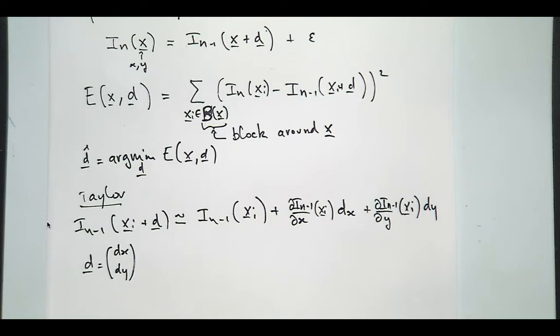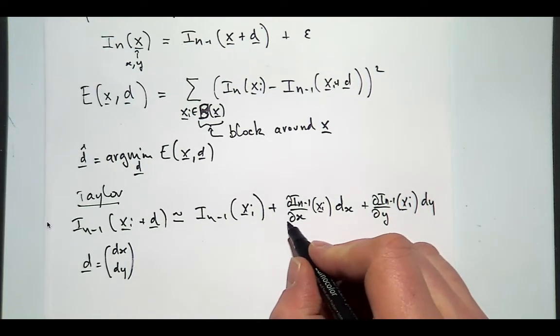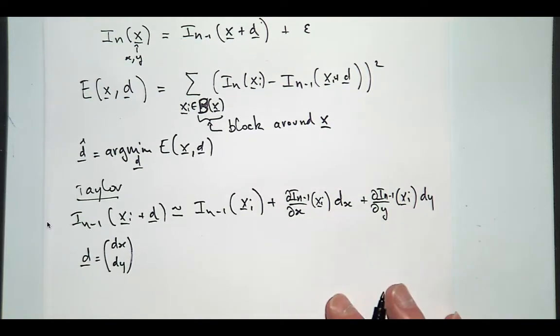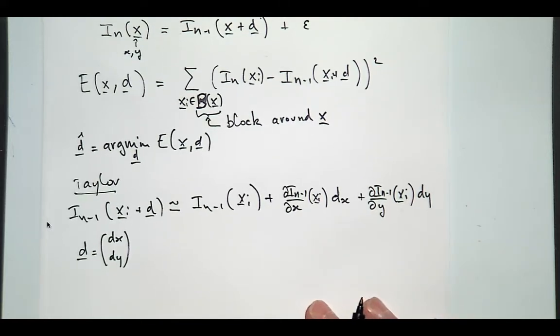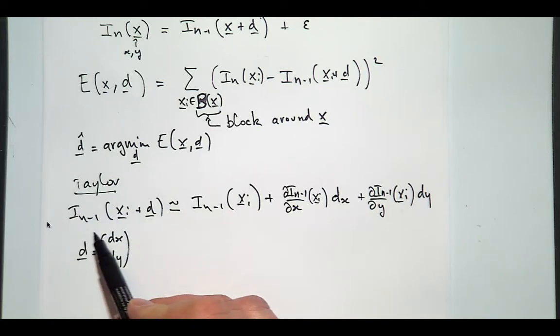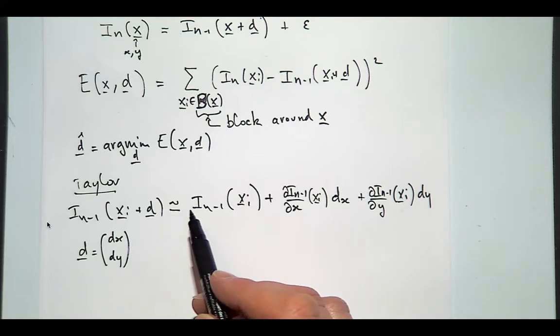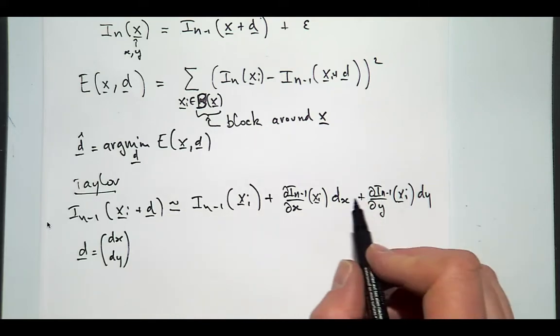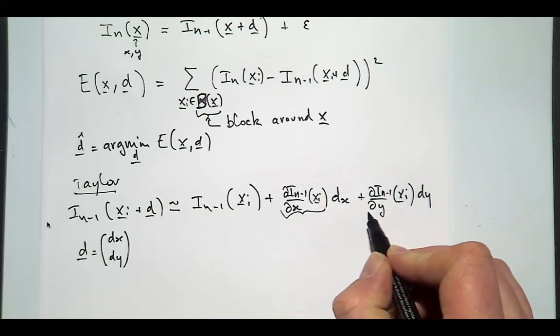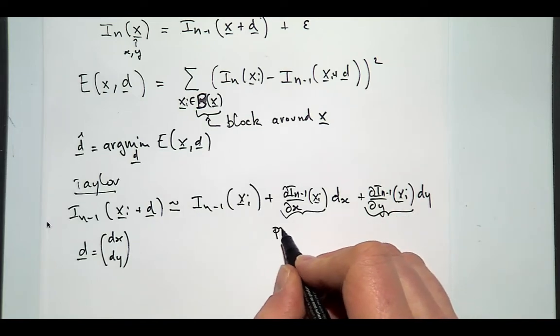So what is interesting with that is that this is linearization. You have a nonlinear problem, which is this function of d, and now you have something linear because these parts can be pre-computed.